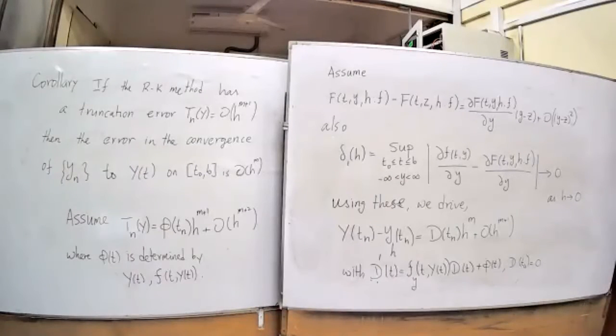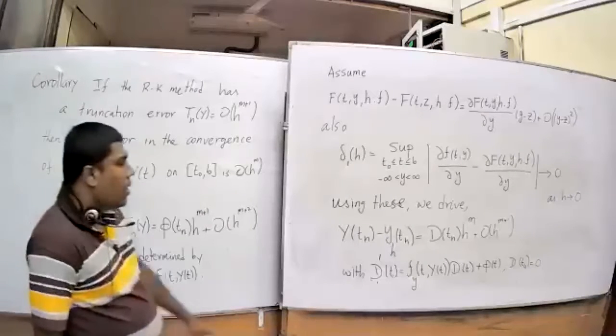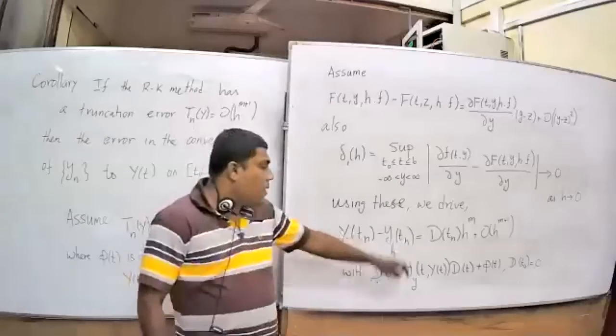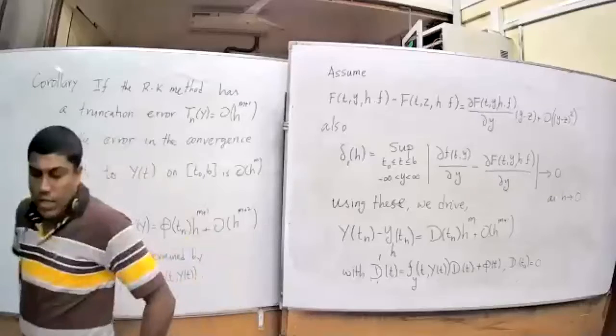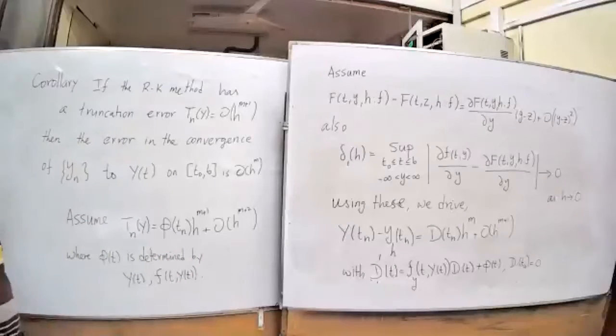So we shall derive that the error in this approximation, y of Tn minus yh of Tn, where yh is the computed value at Tn and capital Y is the real value at Tn, will satisfy d of Tn times h to the power m plus the rest, which is order of h to the power m plus 1.